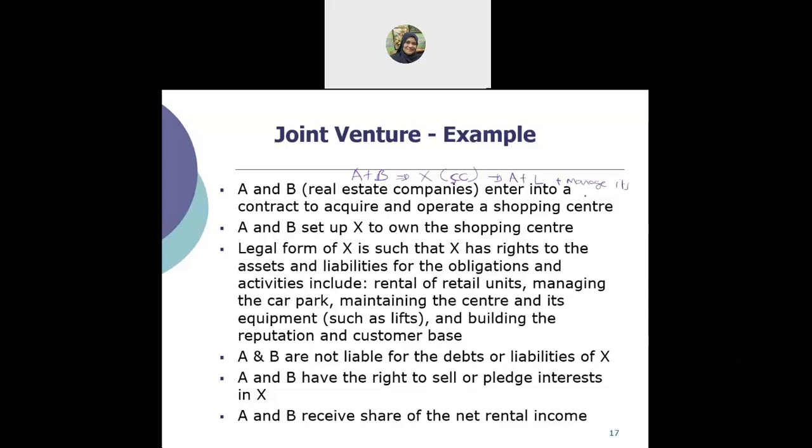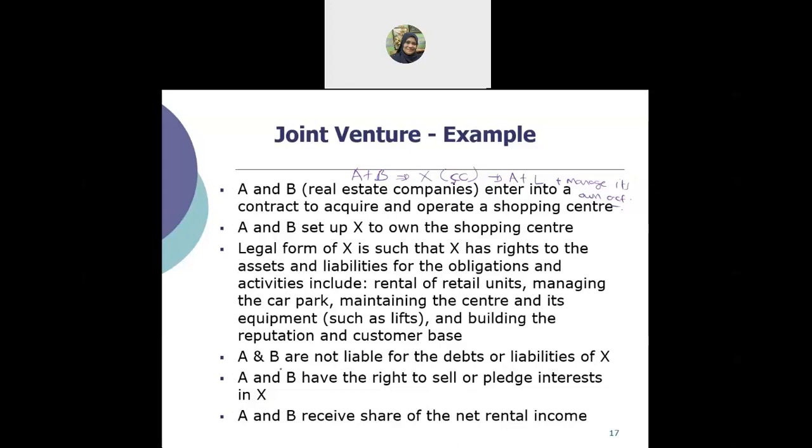They have their own activities, including rental of retail units, managing the car park, maintaining the center and its equipment and buildings, the reputation and customer base.